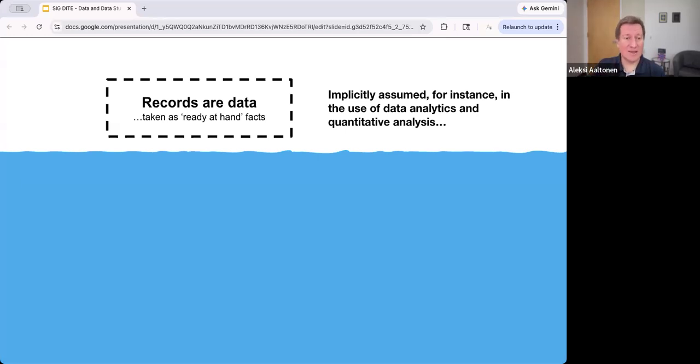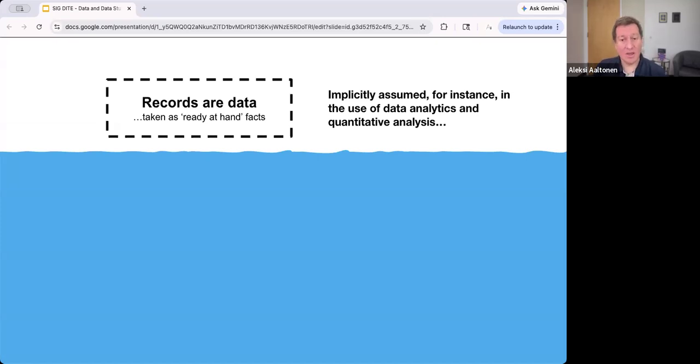When I do my quantitative analysis, when I run my DID model, this is how I relate to data. They represent something out there and I don't contemplate how they represent. I take them as facts and that's it. And this is implicitly assumed, for instance, if you use data analytics or quantitative analysis, which is perfectly fine for many purposes.